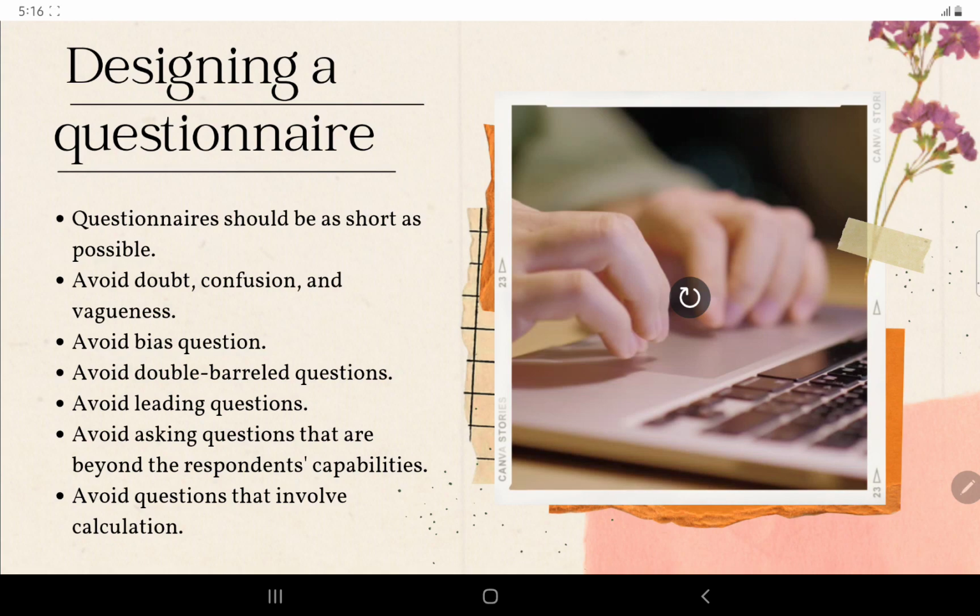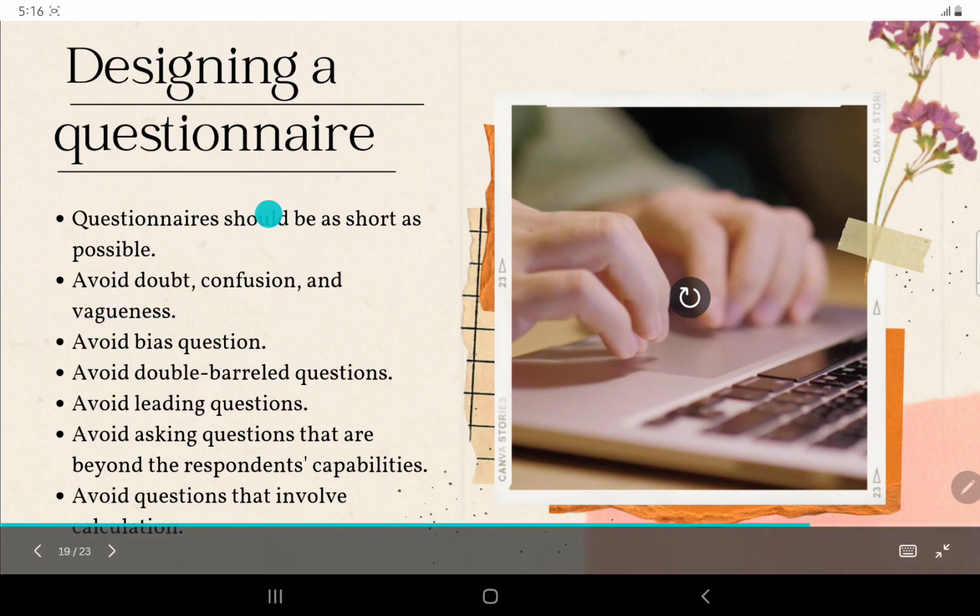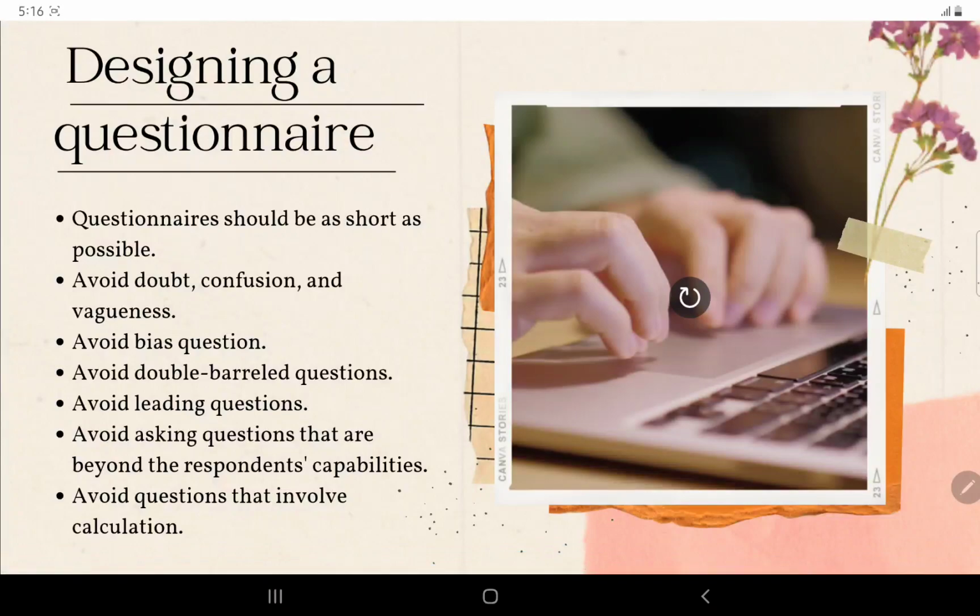Okay, avoid double-barreled questions. Avoid leading questions and avoid asking questions that are beyond the respondent's capability. And the last one is you need to avoid questions that involve calculation. Okay, so these are the points as your guideline in designing your questionnaire.